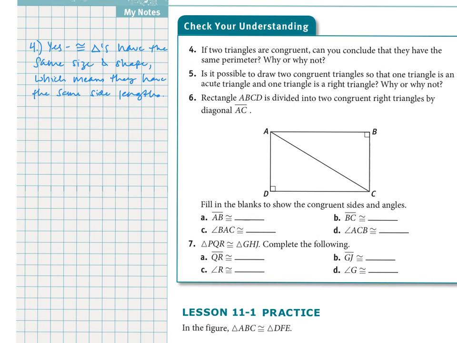And then I'm going to say therefore, which sometimes we actually use this fun little triangle symbol, 3 dots of a triangle, to mean the word therefore in mathematics. So I'm going to say therefore, the sum of their side lengths will be the same.